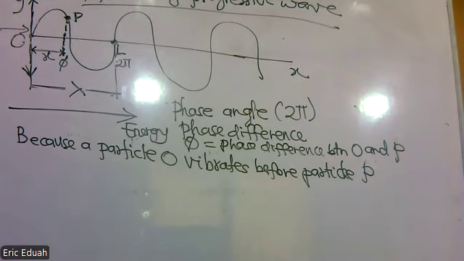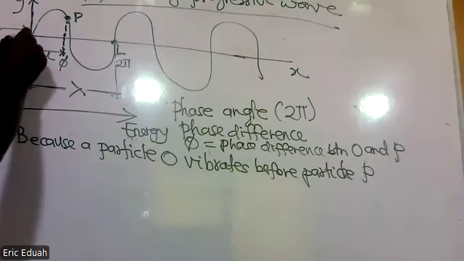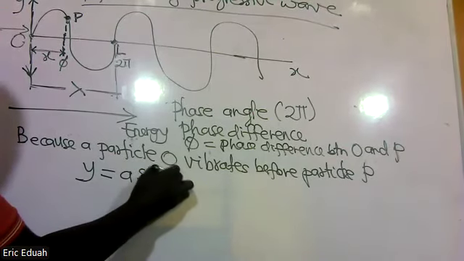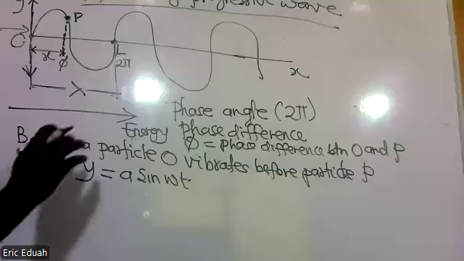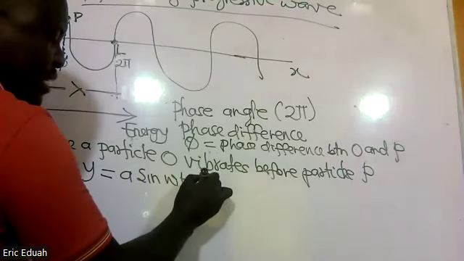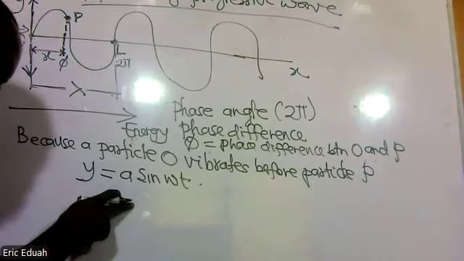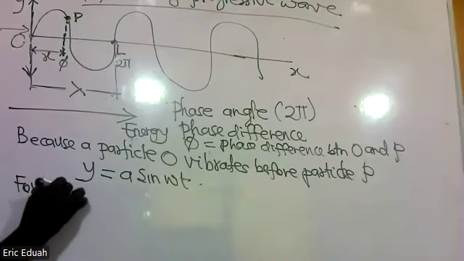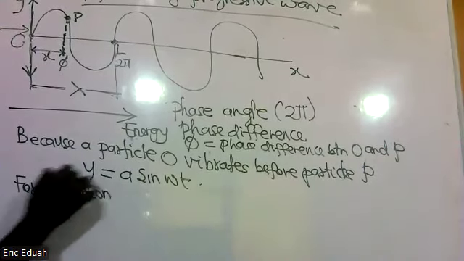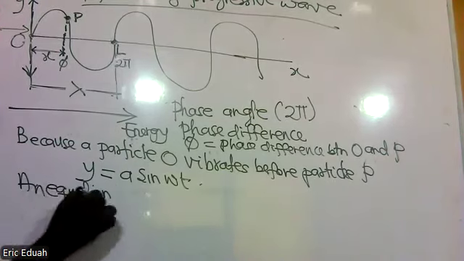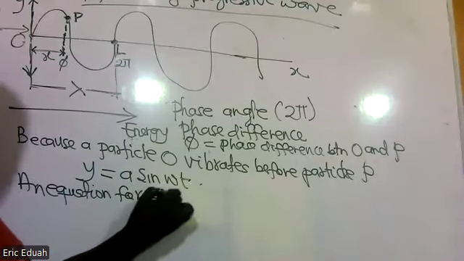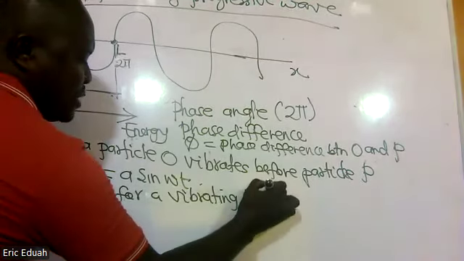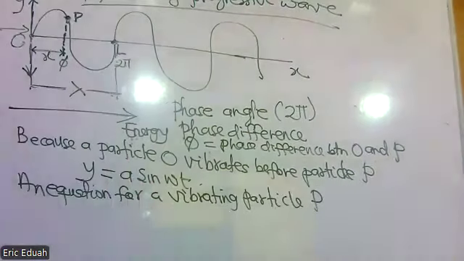If we are writing the equation for a particle vibrating at O, that is what we've done: y is equal to A sine omega t. So A sine omega t means a vibrating particle at the origin O. Now, for an equation for a vibrating particle P, its equation will be this.